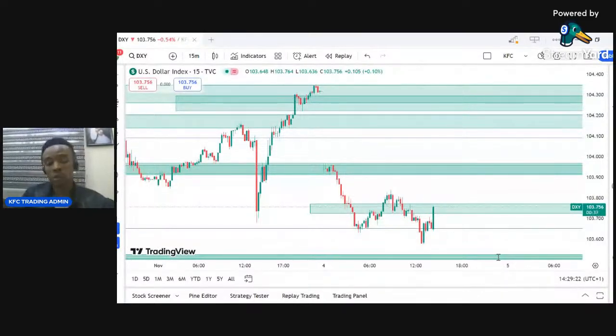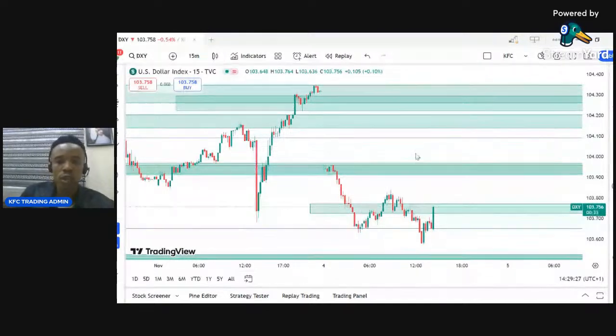So I think what I should do now in this class is to quickly show you and explain how I came about that entry. There was a time I said it should exit, even though currently the entry is looking like it's going as planned.